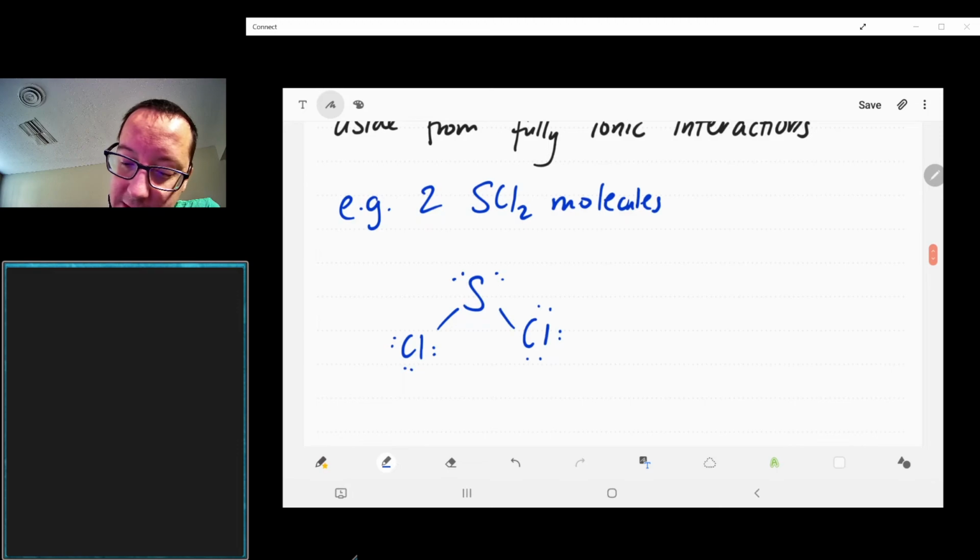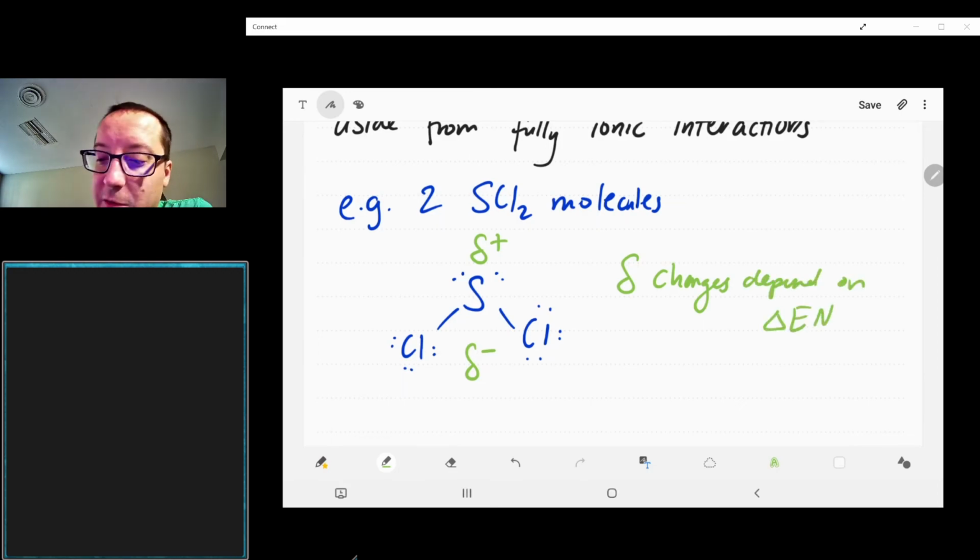And we saw that because of the difference in electronegativity, overall this side of the molecule was a little bit negative, and this side of the molecule is a little bit positive. And remember that within a molecule, the partial charges depend on the difference of electronegativity, right? Whatever that happens to be, I think for this it's going to be about 0.5 or so. So on the smaller side of polar things, but that's okay.